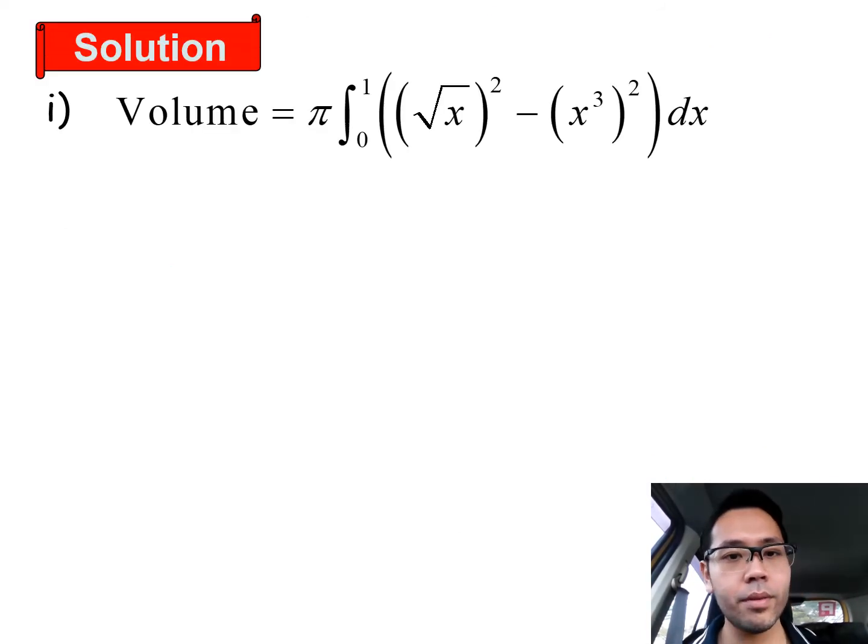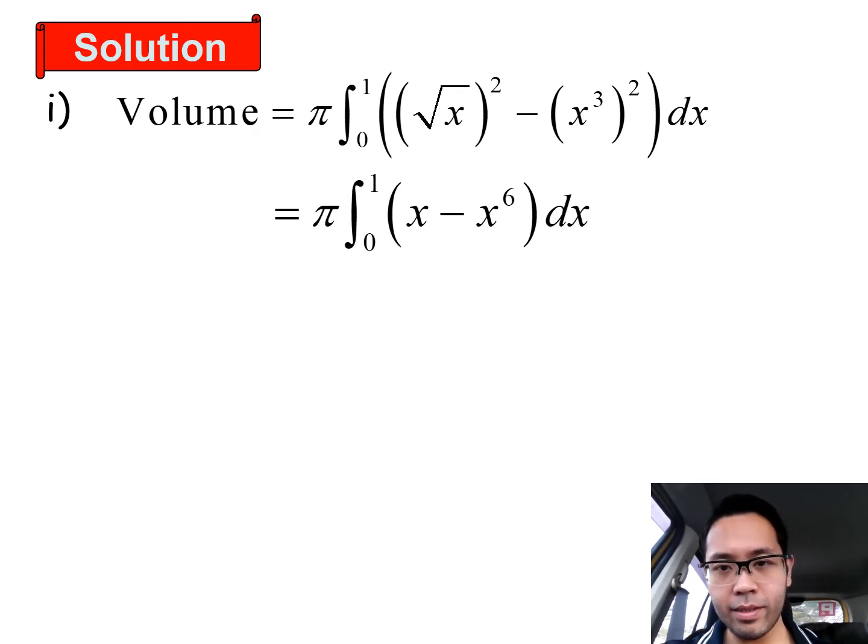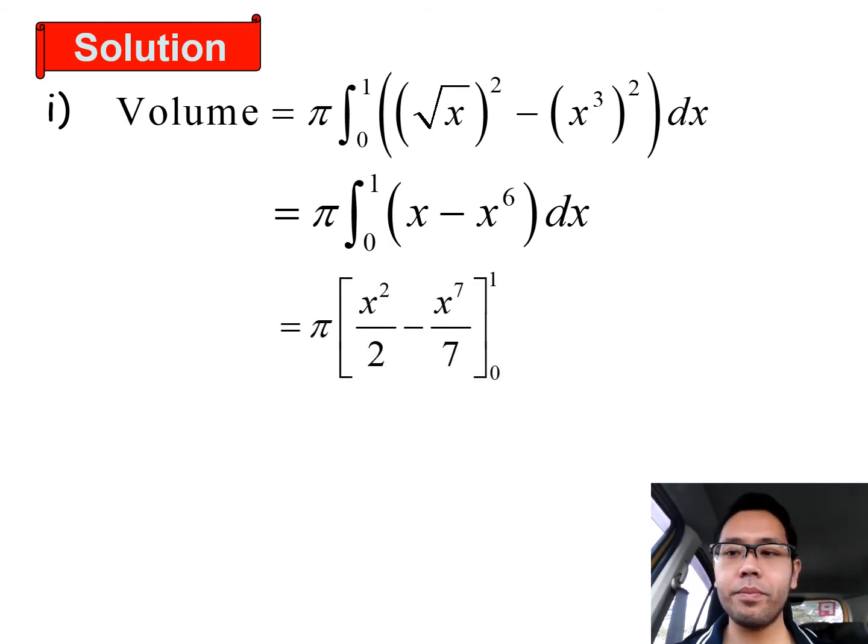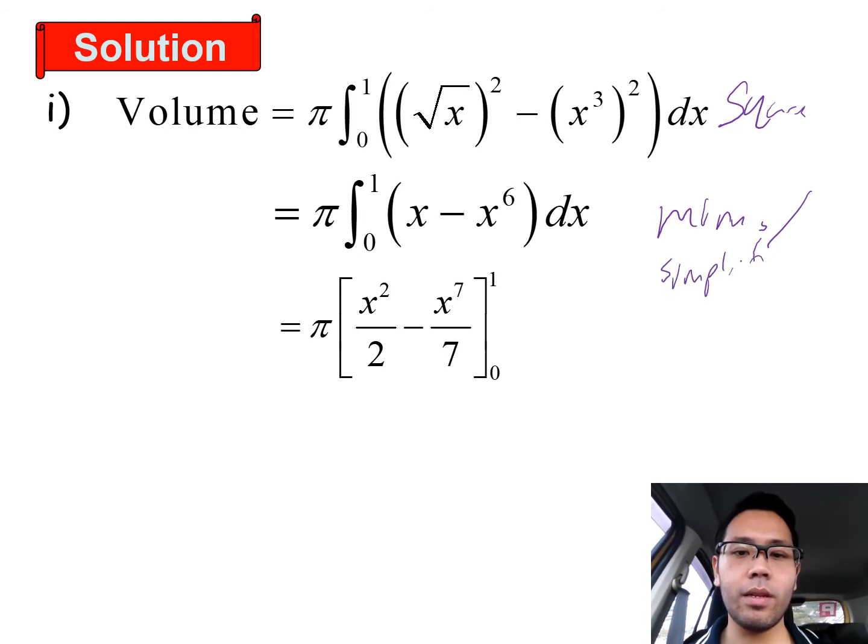I think the intersection point is quite a normal exam question. Oh, sorry, I was a bit fast. So this is for the x-axis, x revolution. Just nothing much. Like I mentioned just now, you square first, and then you minus, simplify, and then only integrate.